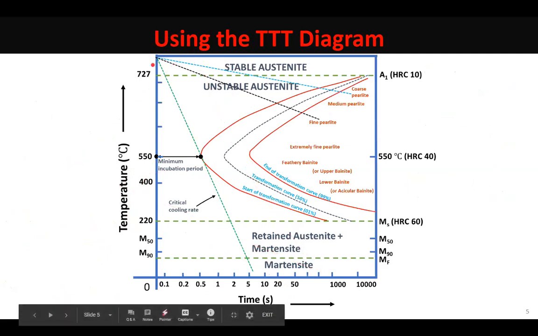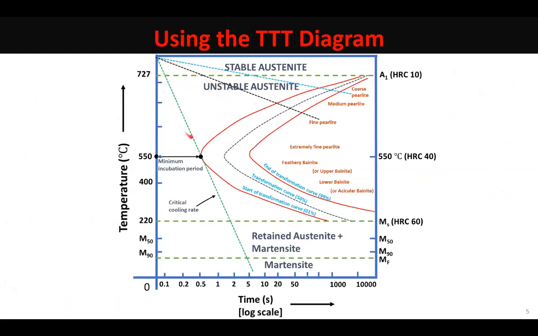So we can superimpose different cooling curves on the TTT diagram, and then the TTT diagram would tell us what transformation phases would be formed during the cooling of steel through austenite transformation. So somebody said, sir, we have taken a eutectoid steel containing 100% austenite. We are following very, very slow furnace cooling for it, as is shown by this sky blue line.